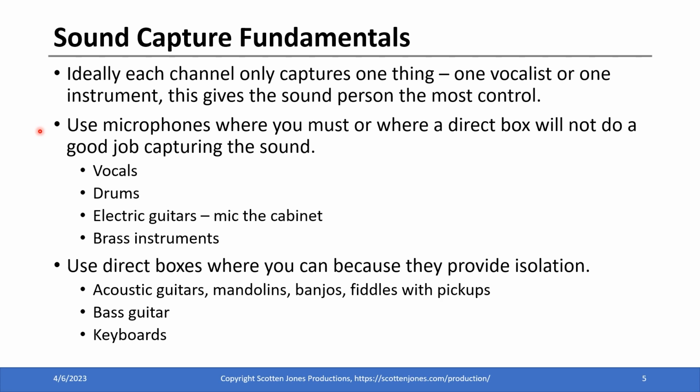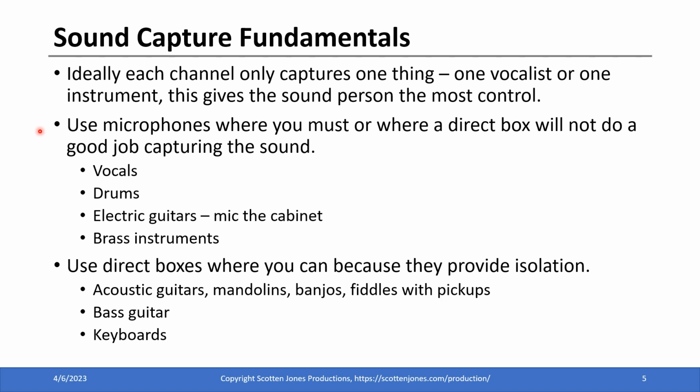I think it's important to mic the electric guitar cabinet. Brass instruments, you're going to use mics. Use direct boxes where you can because they provide isolation. Acoustic guitars, mandolins, banjos, fiddles that have pickups, use the pickups, use a direct box. Is an acoustic guitar on a really high quality microphone better than a pickup?